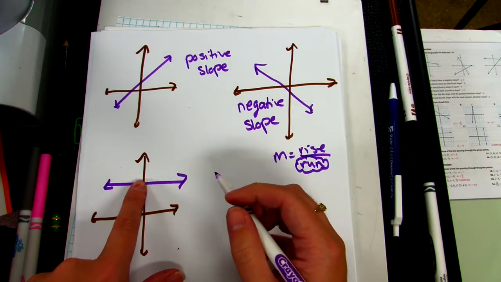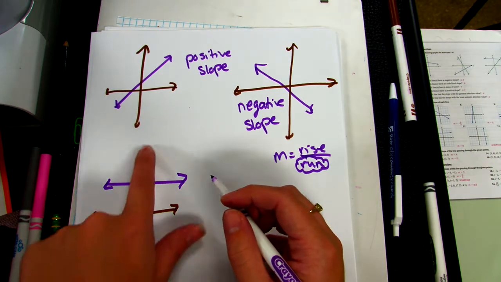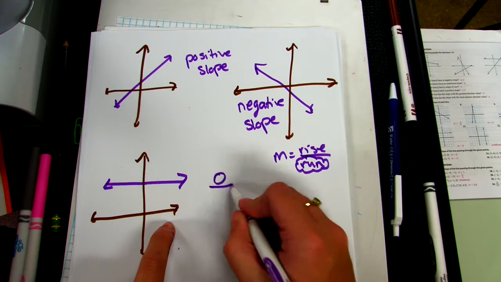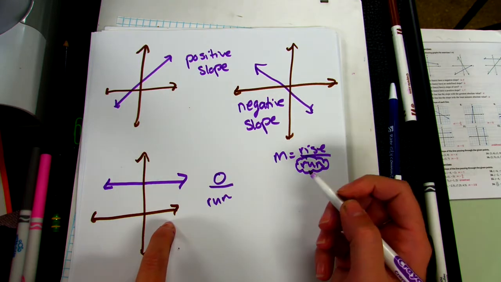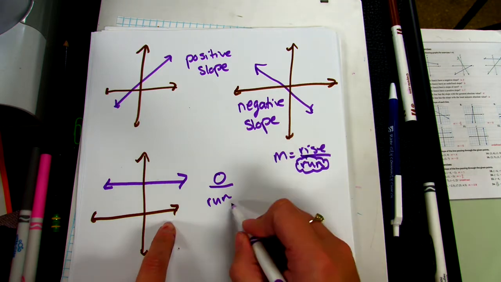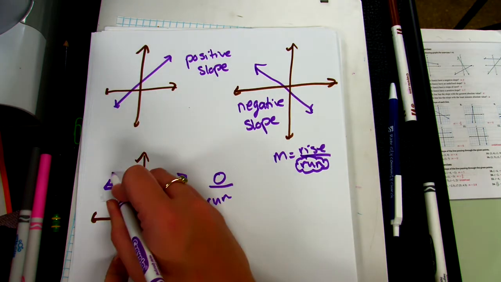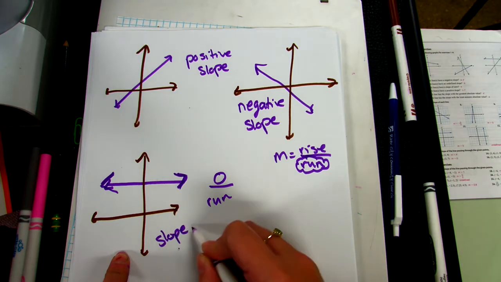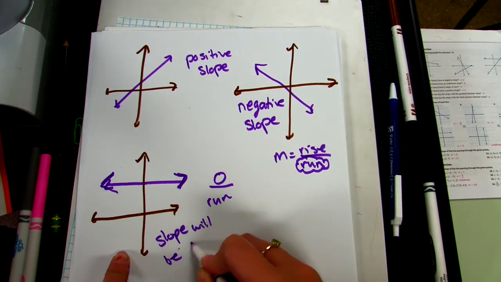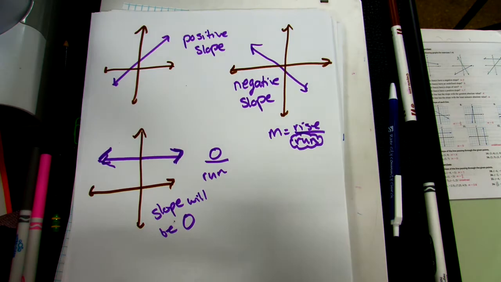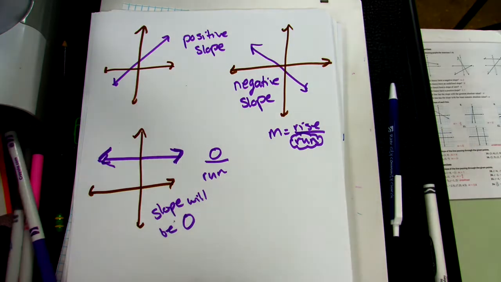But the rise part has no changes, and no change is associated with 0, which means that you have 0 over all those changes in your run. However, 0 divided by anything is still 0. So anytime you have a horizontal line, your slope will be 0 because there's no vertical change.